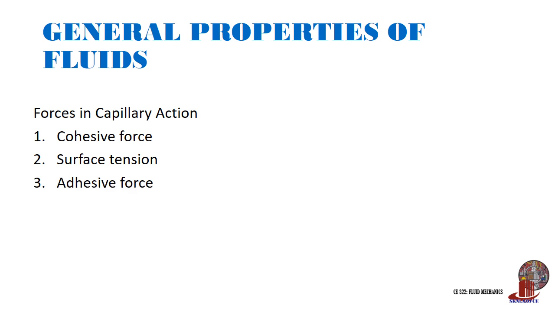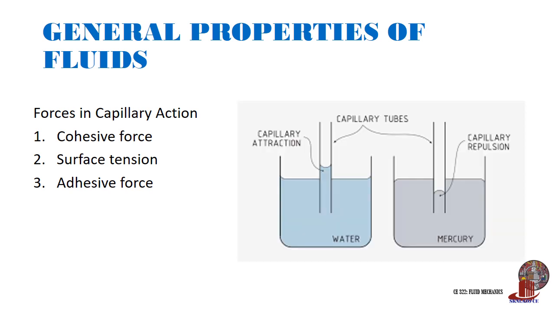And thirdly, we do have adhesive force. When forces of attraction between unlike molecules occur, it is called adhesive forces. In our illustration, capillary attraction would happen if adhesive force is greater than cohesive force. Likewise, capillary repulsion happens when cohesive force is more than adhesive force.